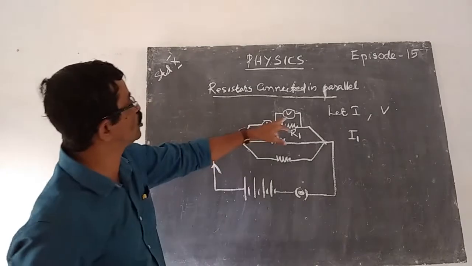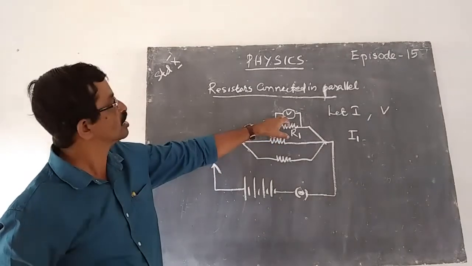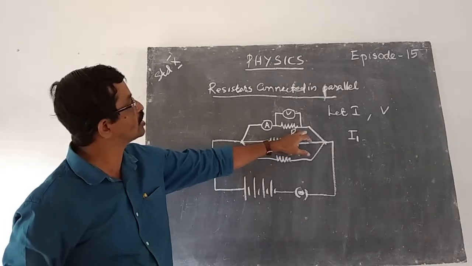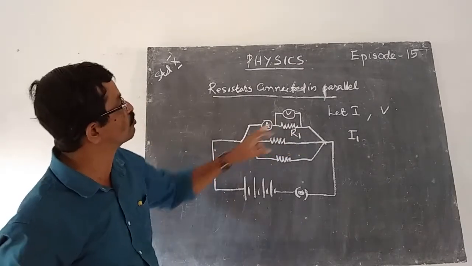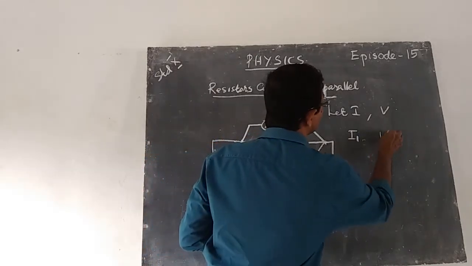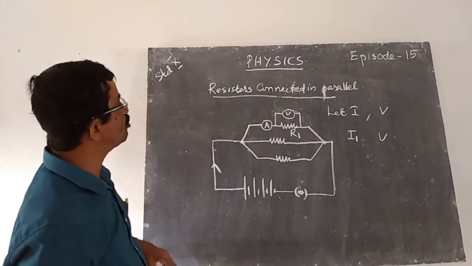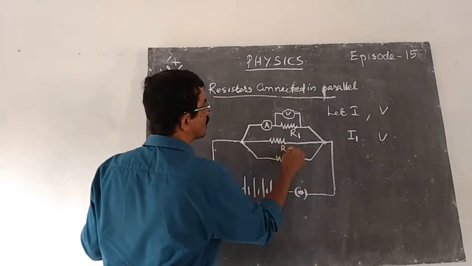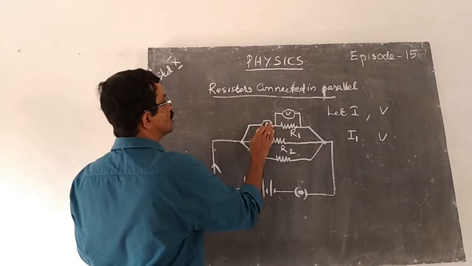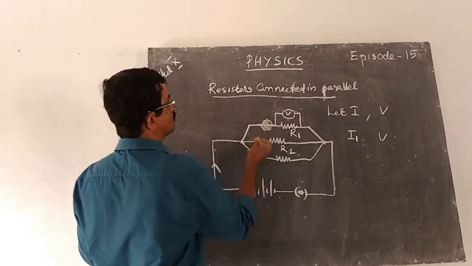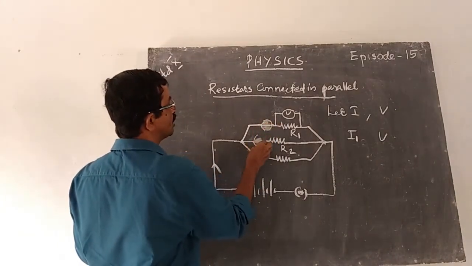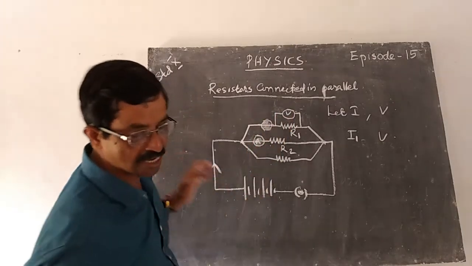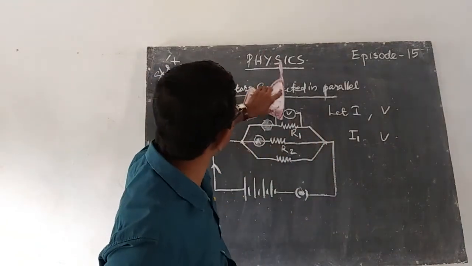But when you observe the potential difference here, where we connected the voltmeter across this resistor R1, we got the potential again as V. Now to measure the current through this resistor R2, we connect the ammeter here, and the voltmeter also across this resistor.